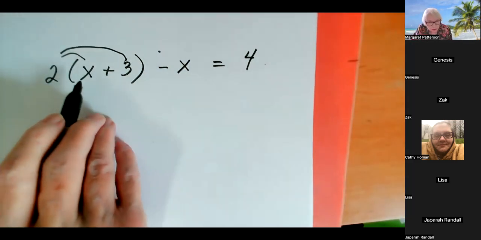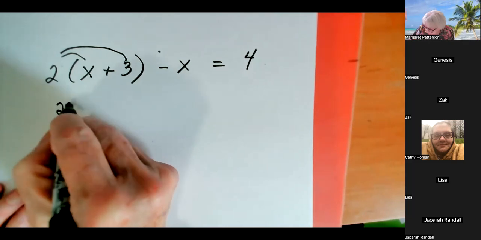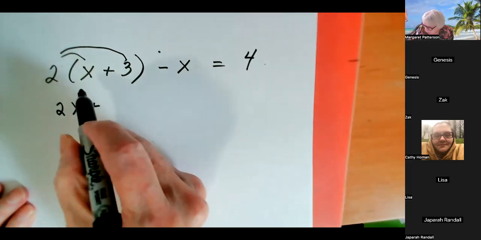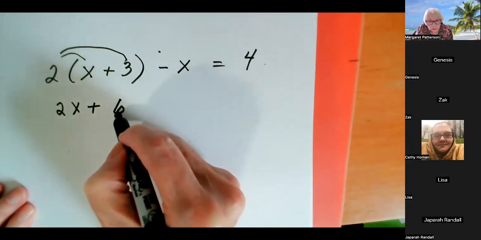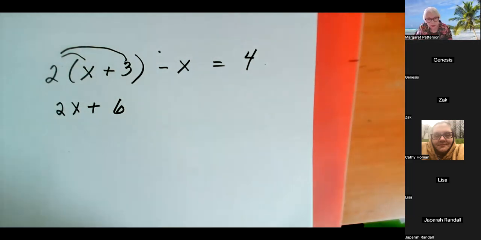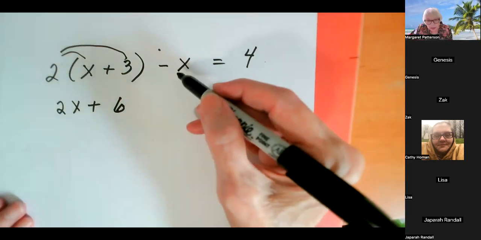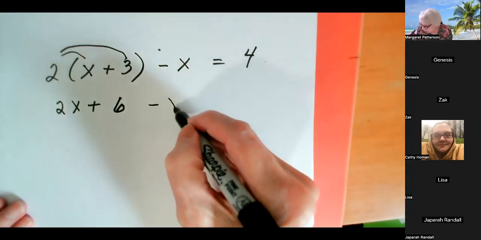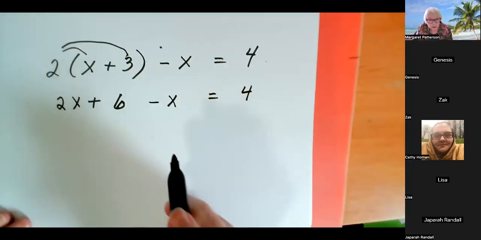To get rid of the parentheses, it's 2 times x, 2x, plus 2 times 3 is 6. Everybody happy with that? But then I had a minus x and equals 4. That's okay.